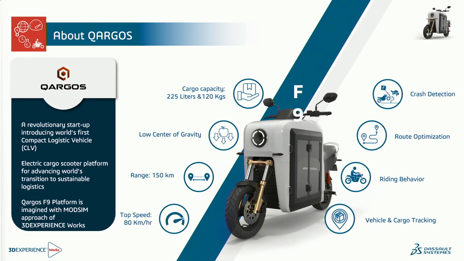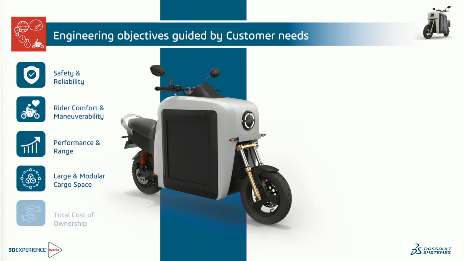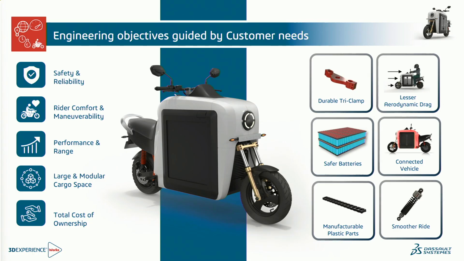They wanted to design a small scooter with a massive cargo capacity, 225 liters and 120 kilos of cargo. You can find lots of information online on this, but they used our 3D Experience platform and our ModSim approach to look at not just the electromagnetics.